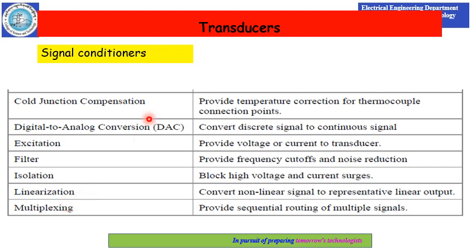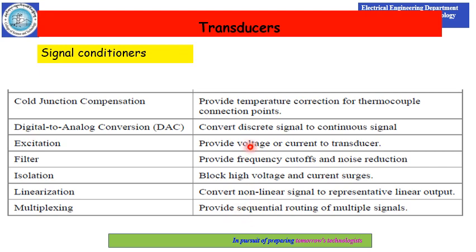The last signal conditioner is called multiplexing, and multiplexing is a technique that is used to transmit multiple signals over a single channel or medium. Multiplexing can be achieved through techniques such as time division multiplexing, or TDM, or frequency division multiplexing, also known as FDM.